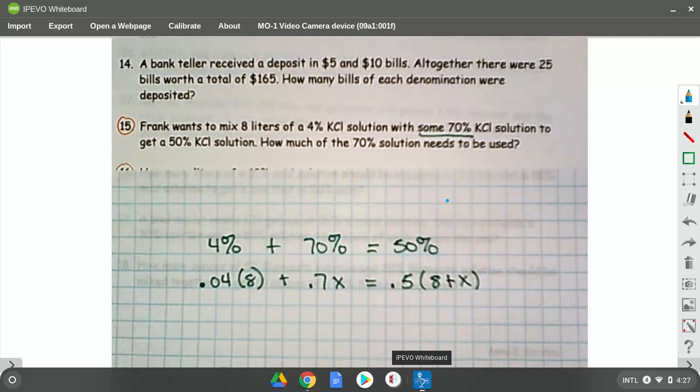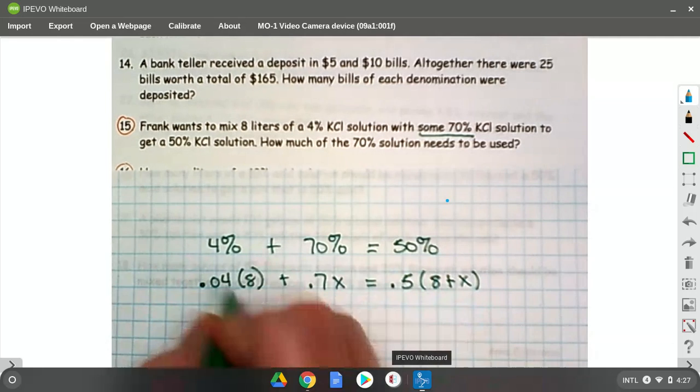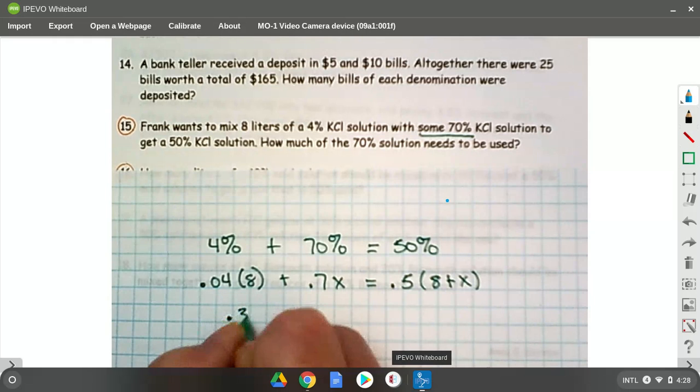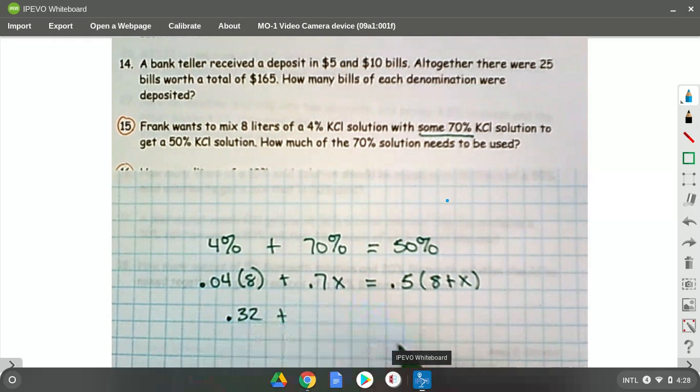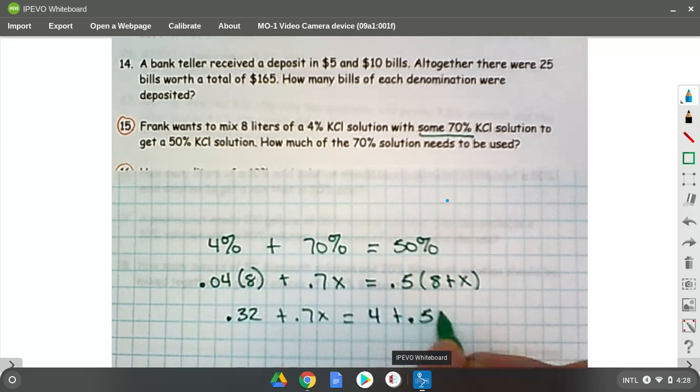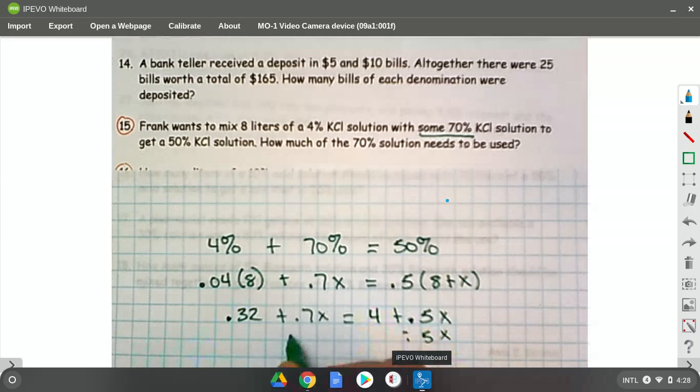Then it's just to solve. Let's see. We've got 0.04 times 8, which is 0.32, plus 0.7x equals half of 8 is 4 plus 5/10 of x. All right, I'm going to subtract that 5/10 from both sides.